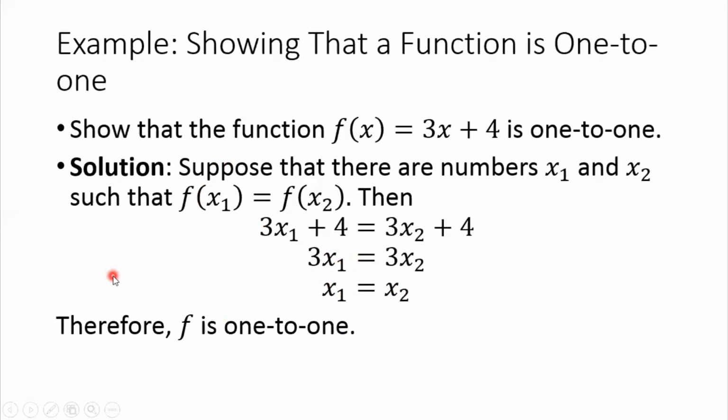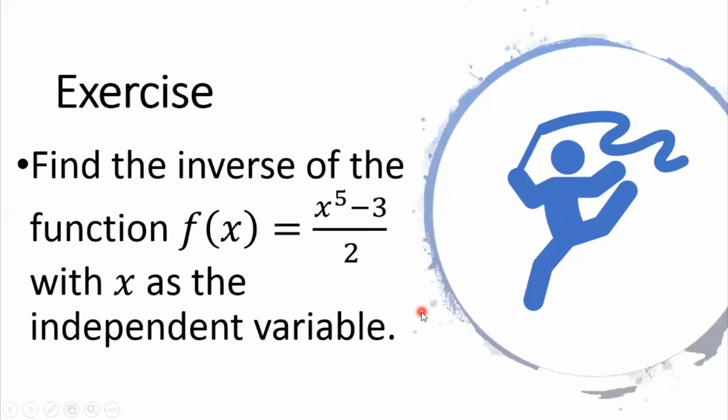Again, you can show that f is 1 to 1 given this algebraic expression by assuming that there are numbers x sub 1 and x sub 2 such that this is true, supposing that f of x sub 1 is equal to f of x sub 2, then following the formula until you get x sub 1 must be equal to x sub 2. Therefore, f is a one-to-one function.